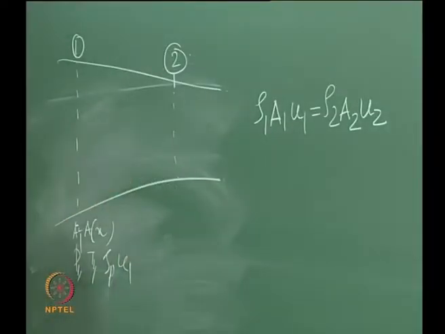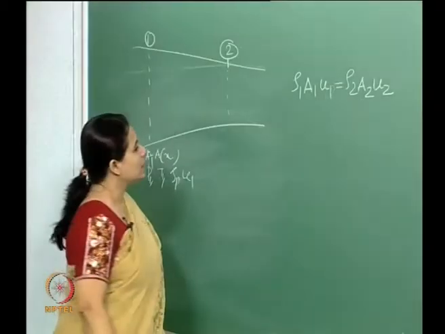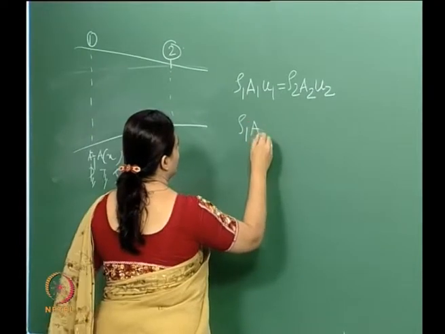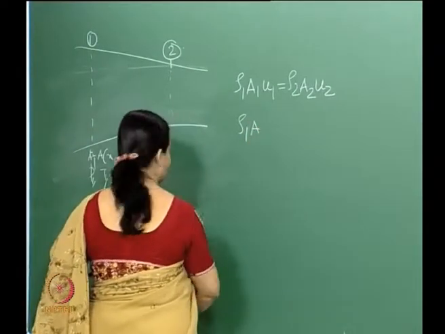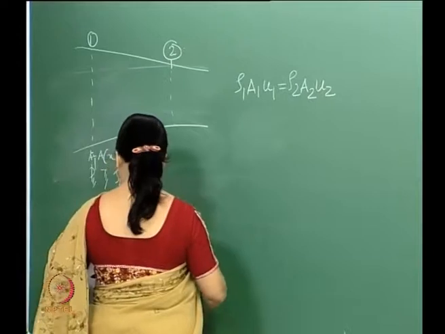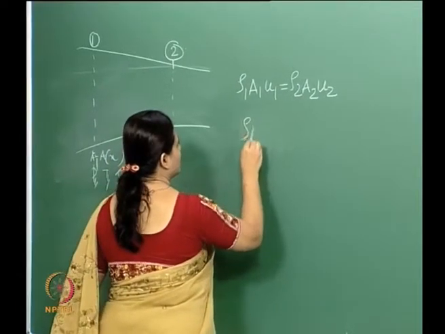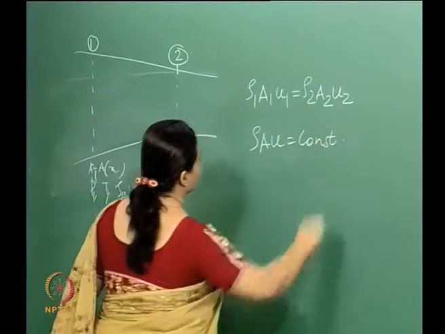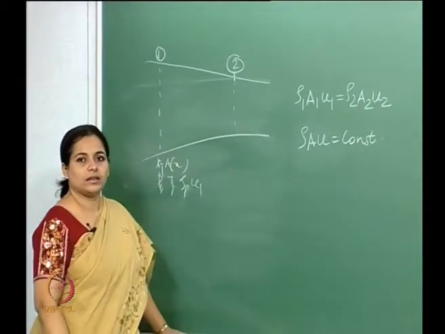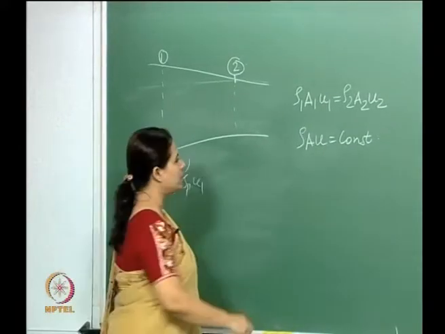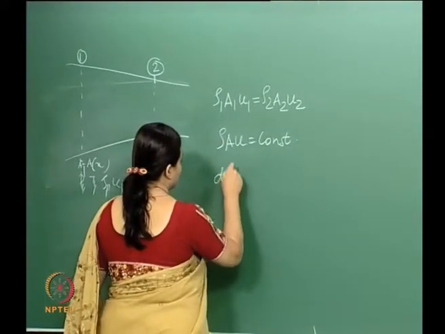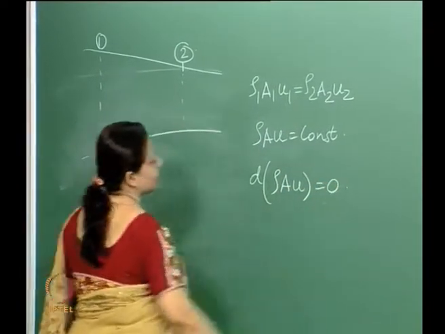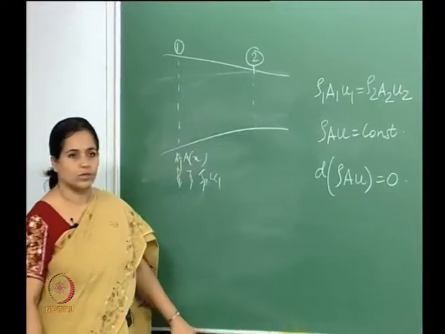Now this is from the equation of continuity, right? So therefore what this means is that rho A U is constant, or it also means that, right, that is simple.